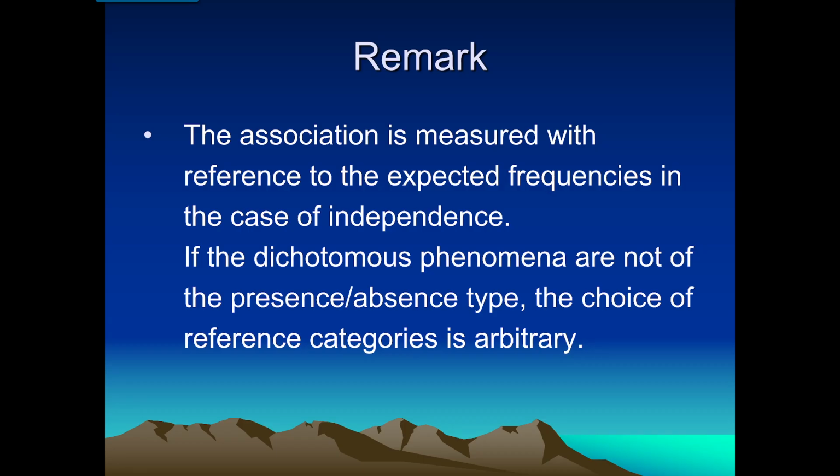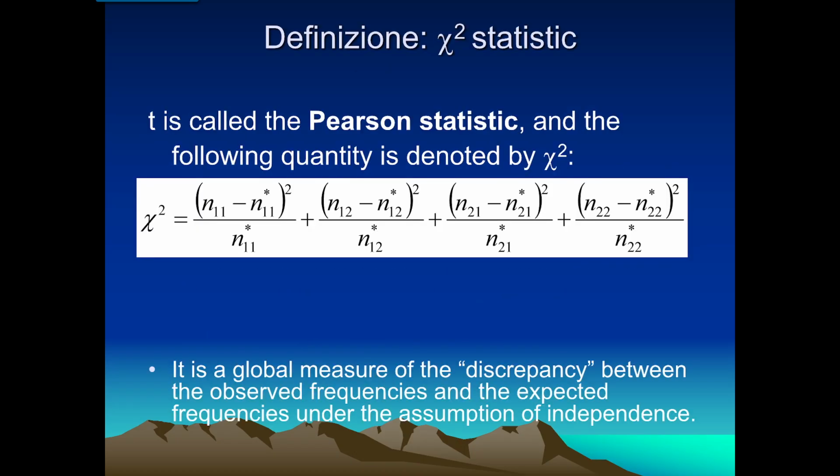So, okay, you have to choose a reference category, and the choice of the reference category is arbitrary. Now, there is a statistic which checks whether the difference between observed and theoretical frequencies is significant or not. This statistic is called the chi-square statistic because it is distributed as a chi-square random variable.